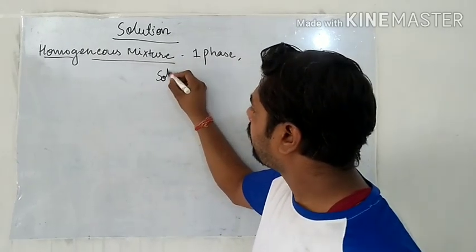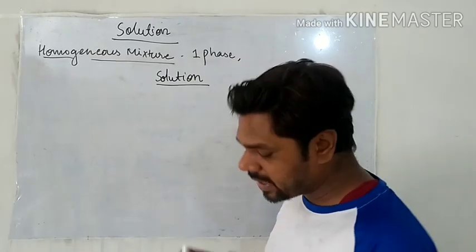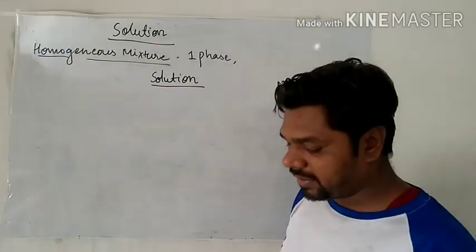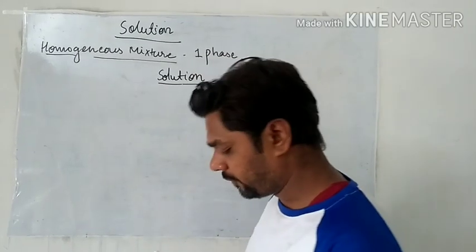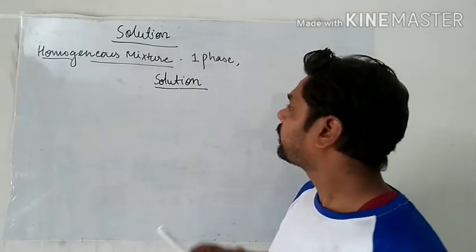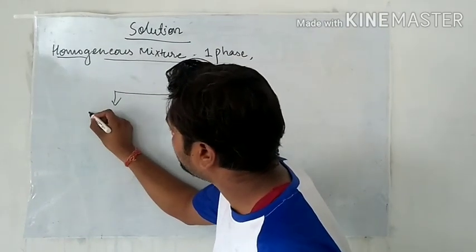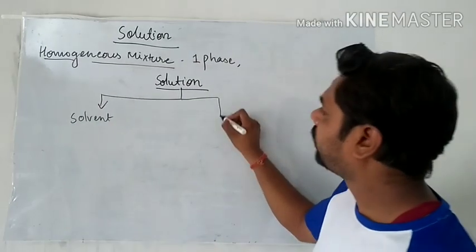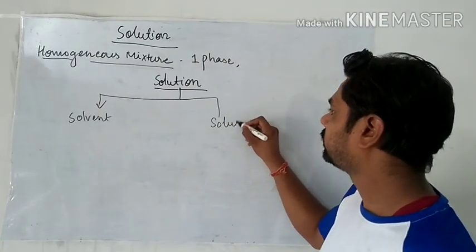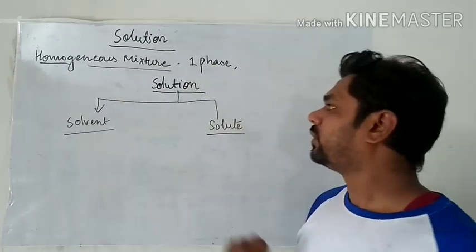If we talk about solution, a solution has two major parts, that can be called components of solution. The solution has two main parts: first is solvent and second is solute.